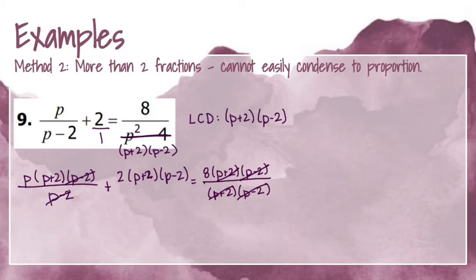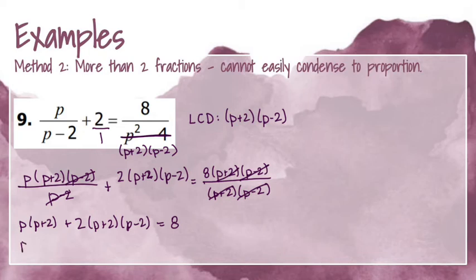So now let's rewrite what we have left. We have p times (p plus 2) plus 2 times all of that equals 8. So now we need to just simplify all of this and solve.